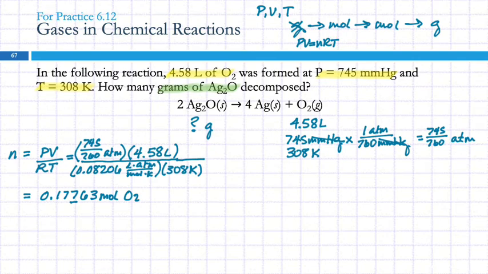Now I finish with dimensional analysis. So I have 2 arrows left. So I'm going to have 2 fractions. I'm doing moles to grams. So moles of oxygen to moles of Ag2O to grams of Ag2O.